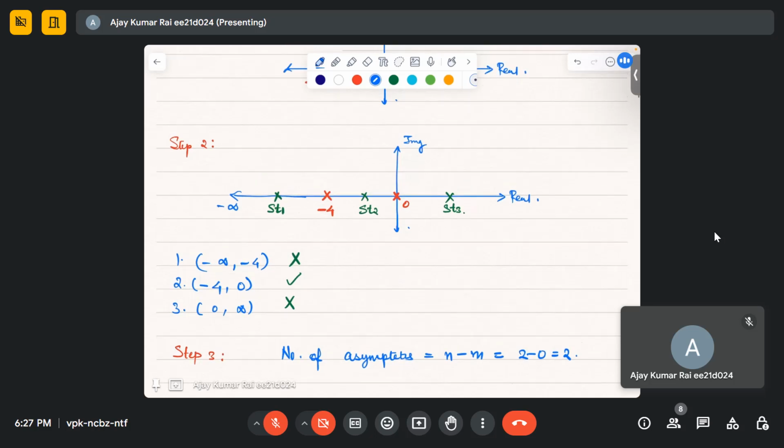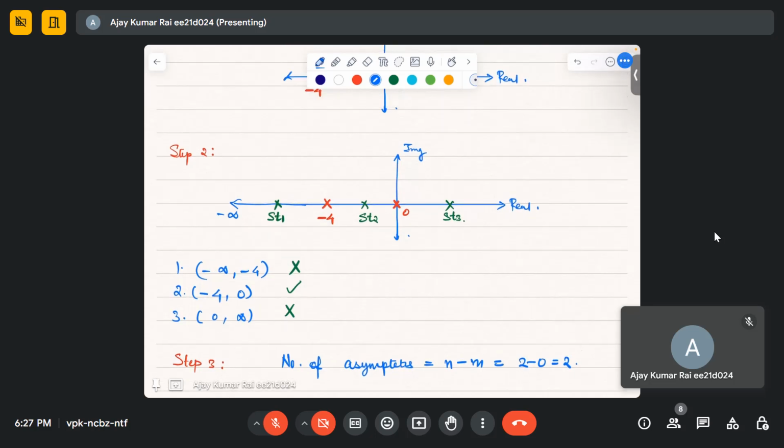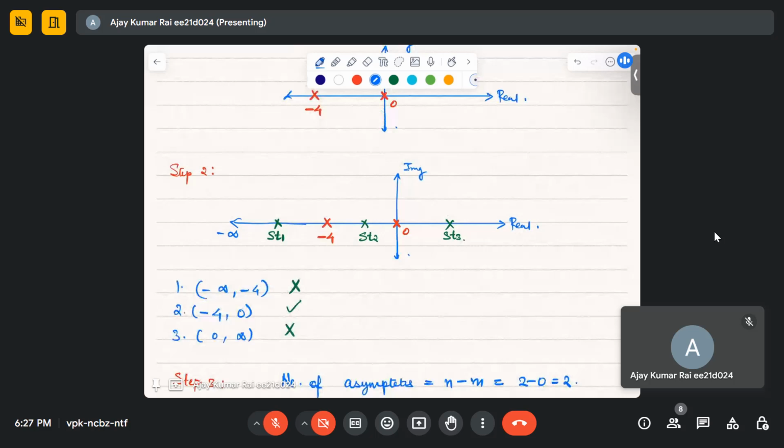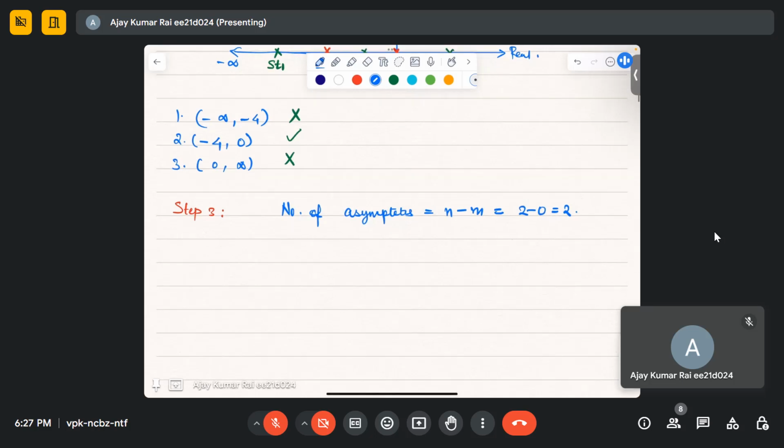Again, directly by seeing this, there are two poles and no zeros, so you can be certain that there will be two root locus branches and both will be going to infinity. Let's find the angle of asymptotes, which is (2k plus 1) times 180 divided by n minus m.